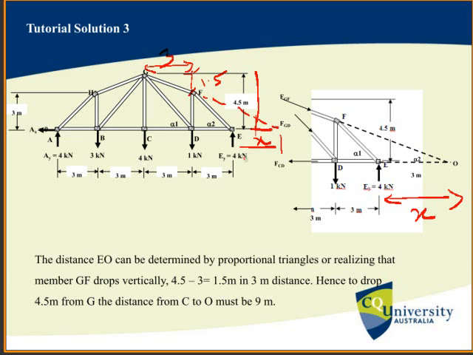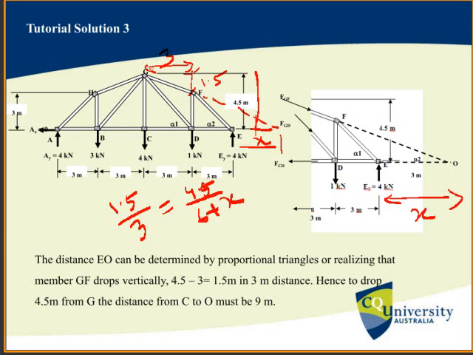We have to determine this x distance, so just apply the proportional triangles, which is 1.5 divided by 3 equal to 4.5 divided by 6 plus x.